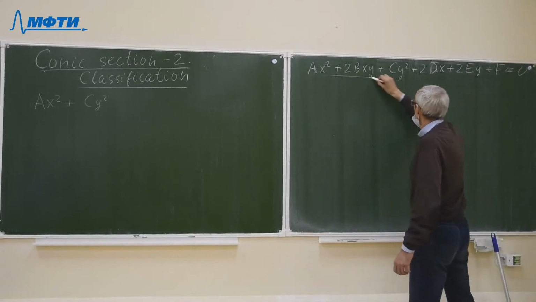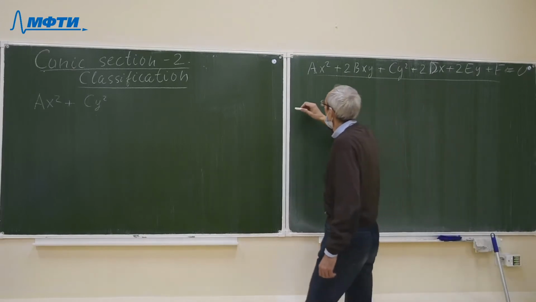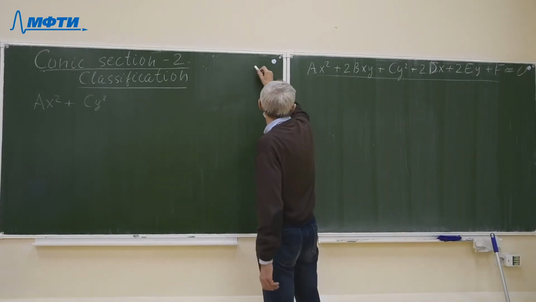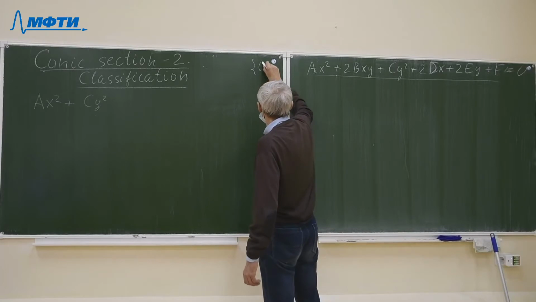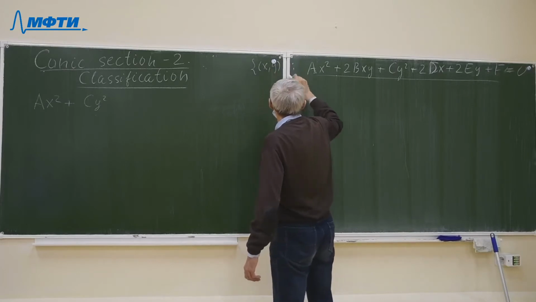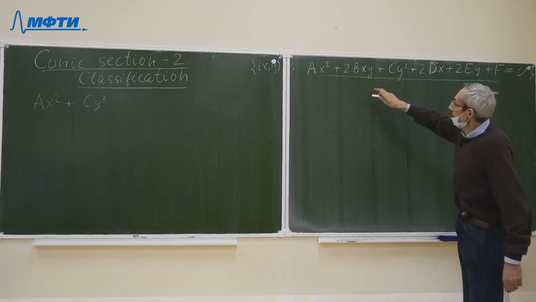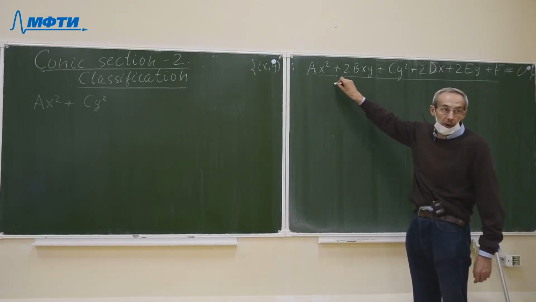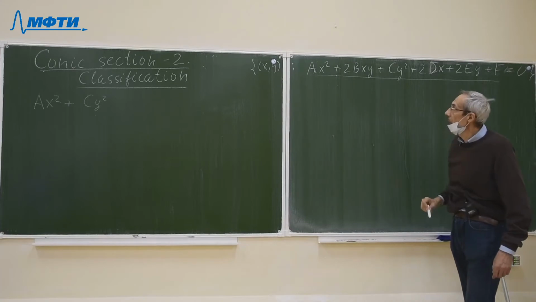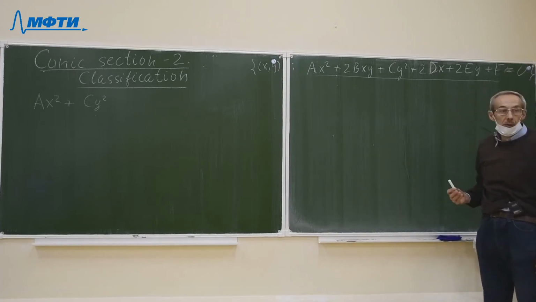More precisely, we have the set of points which satisfy the following equation, and this equation is called the equation of a conic section, or a curve of second order.